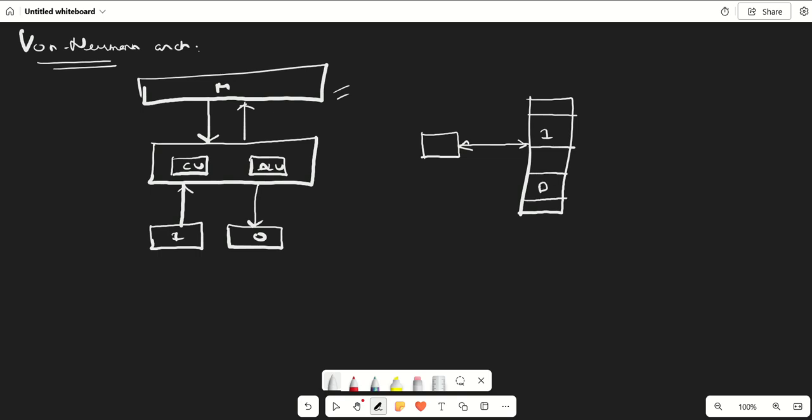Suppose I need to fetch both an instruction and data. In this case, since memory cannot perform simultaneous reads, it is not possible to fetch the instruction and data simultaneously. This is the main bottleneck of the Von Neumann architecture.